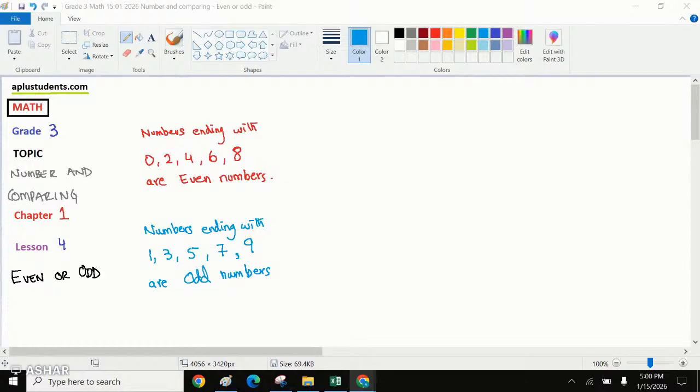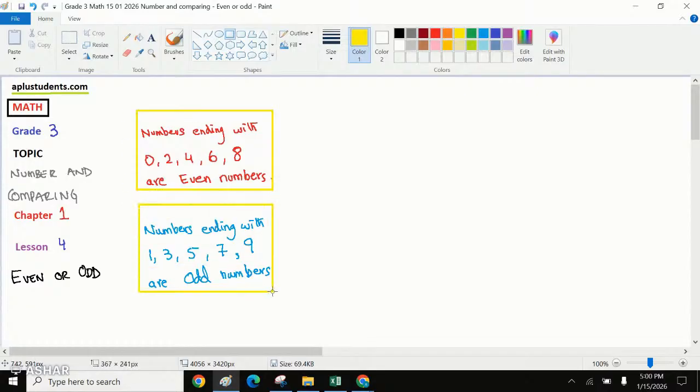So the first question we have is, keeping in mind these two conditions for the even numbers and for the odd numbers, we will try to differentiate if a number is even or odd. Question number 1 says, is 92 an even or an odd number?